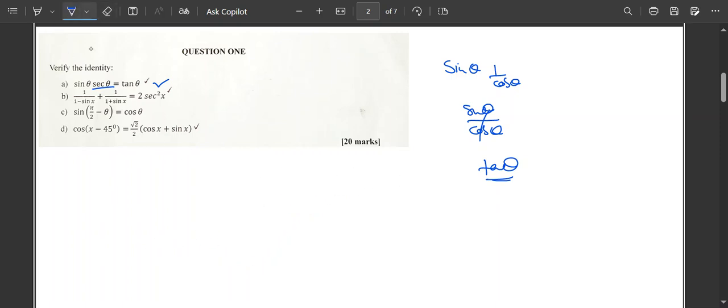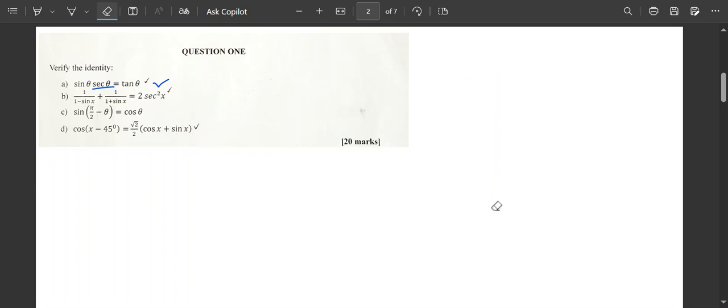Okay, so what about the second one? The second one we're told to show that this one is equal to that. So what we need to do here is we have a difference of 2 squares there, all right? 1 minus sine. Okay, so I'll be very fast in answering this paper. I'm feeling tired. Okay, let me do it from this side. So what I'm going to do here is I need to find the common denominator there.